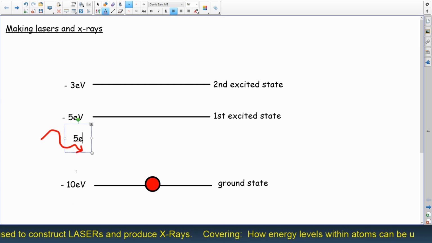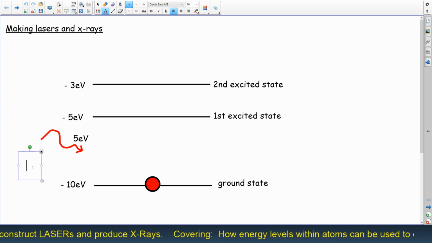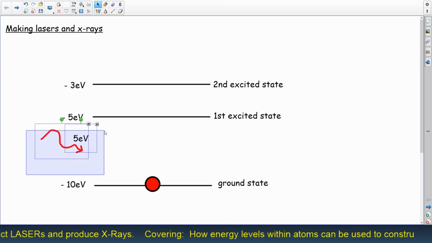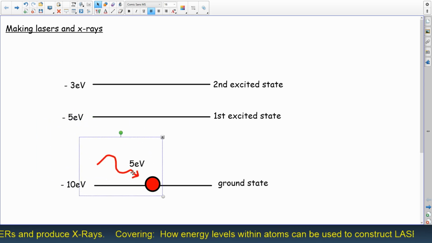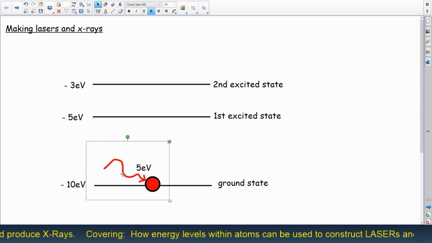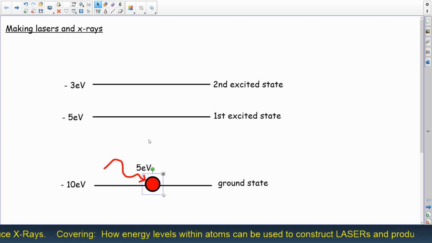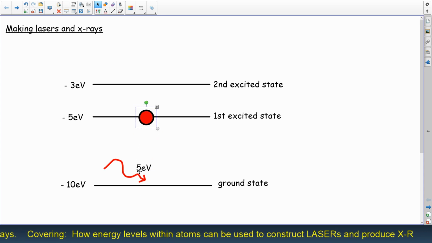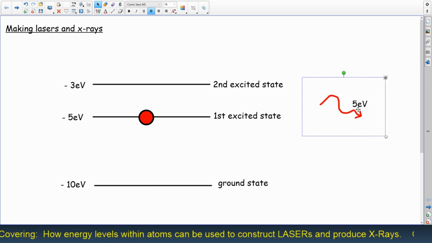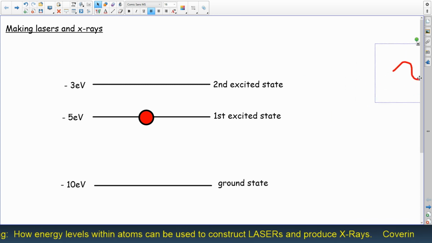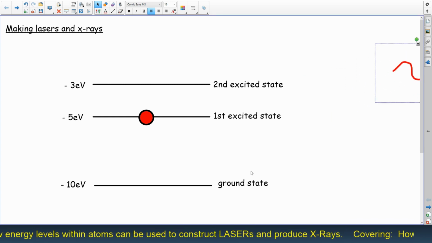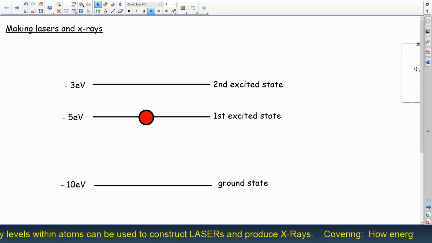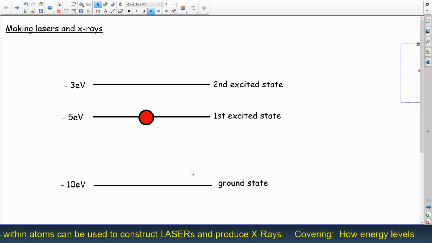So say it is a 5 eV photon. If it comes in and strikes this, the 5 electron volts will be absorbed by the electron, and the electron will jump to this energy state. The photon is absorbed and therefore does not exist after this.